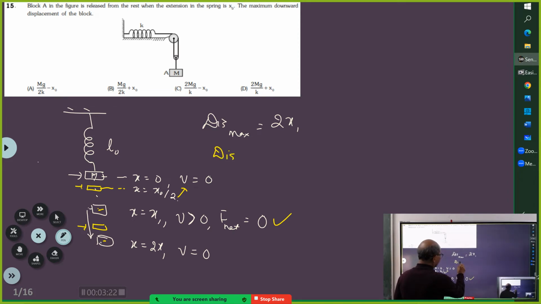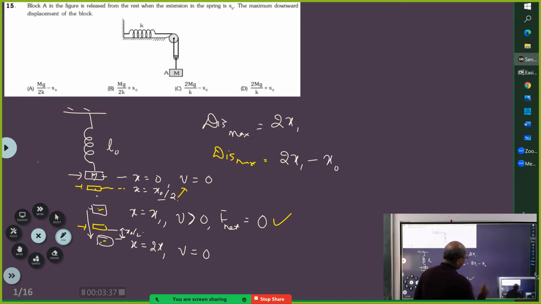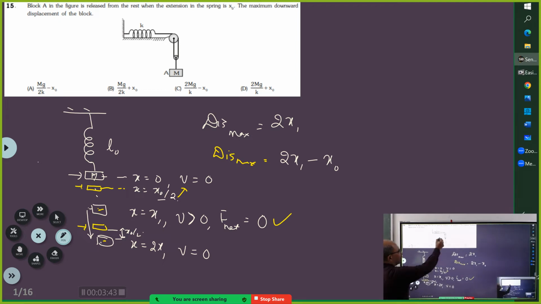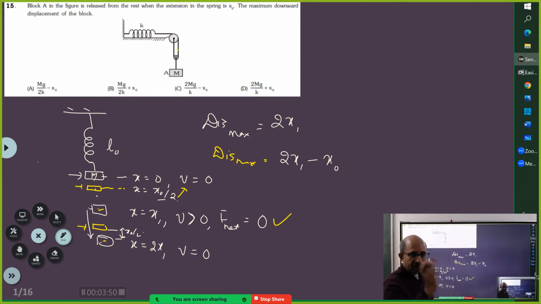It is definitely going to be 2x1 minus, since it is x naught by 2, this will also become x naught by 2. So therefore this will simply reduce to 2x1 minus x naught. Clear?